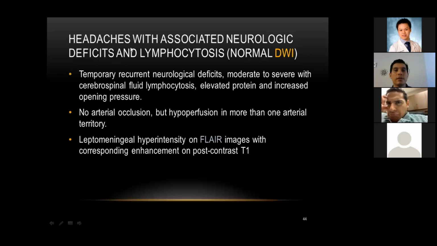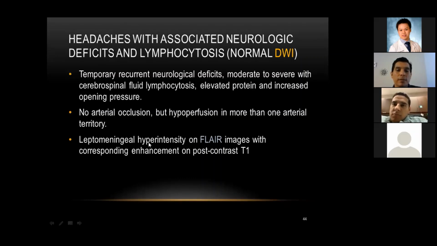This is another rare disease: headaches with associated neurologic deficit and lymphocytosis with normal DWI. In this case, temporary recurrent neurological deficit, moderate to severe, with cerebrospinal fluid lymphocytosis, elevated proteins and increased opening pressure make us think of this. And no arterial occlusion, but hypoperfusion in more than one arterial territory.